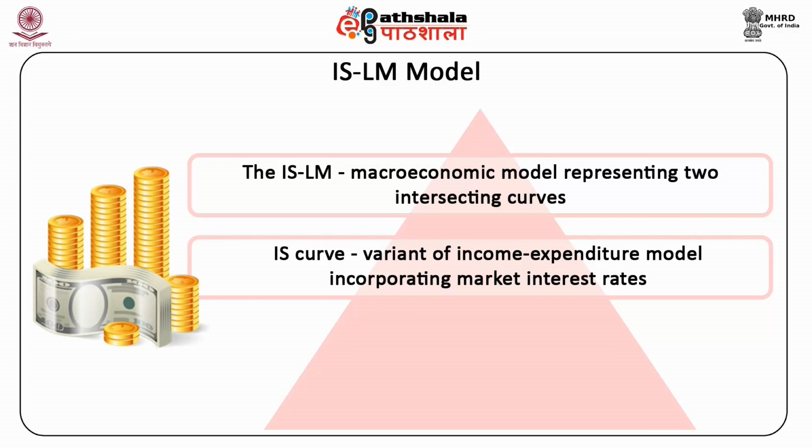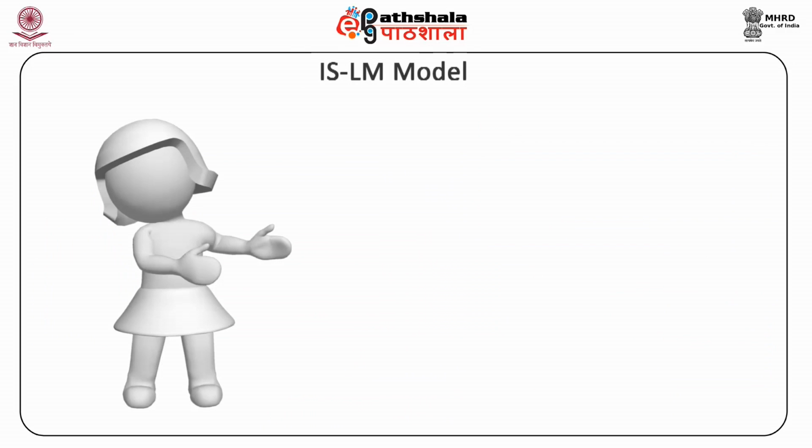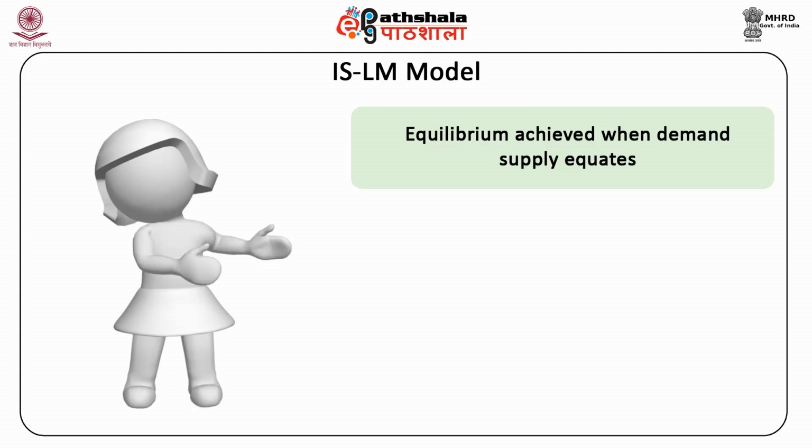The investment or savings, that is IS curve, is a variant of the income expenditure model incorporating market interest rates (demand), while the liquidity preference or money supply equilibrium, that is LM curve, represents the amount of money available for investing (supply). The model explains how equilibrium is achieved when the demand and supply equate.